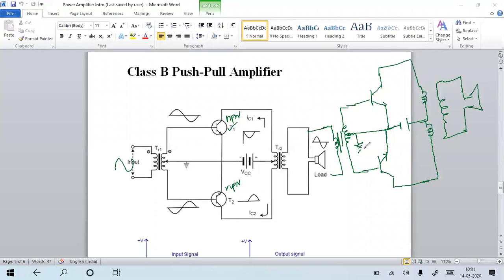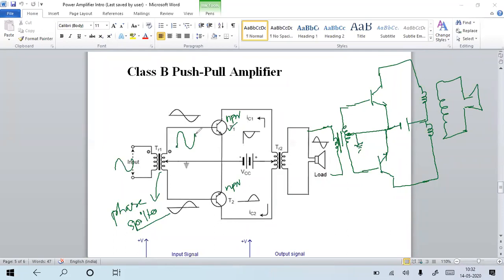What will happen? This can be called a phase splitter. We already discussed the center tap transformer: the input is common between the two transistors, but in the above winding, the above transistor gets the signal in phase with the input primary signal. That means 0 degree phase shift here also.